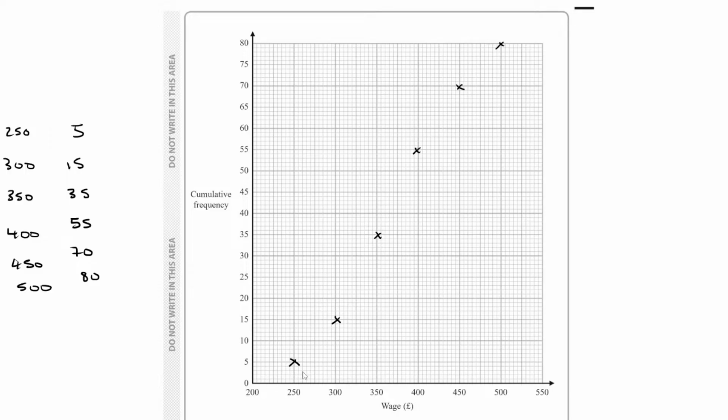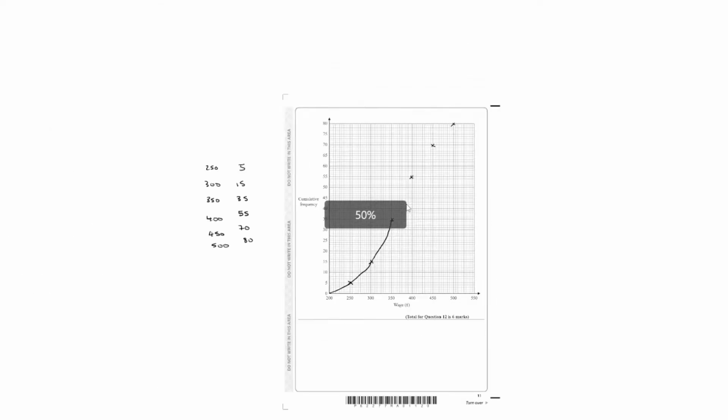Obviously do it in pencil in your actual exam, just in case you need to rub it out, but I'm going to try my best. That's not very accurate at all. Well, it's quite hard to do it digitally. Obviously you should be able to do a better job on your piece of paper than I can. Something like that. Obviously yours will be a bit more stable than mine. Well, that was horrible. What is going on here? Need to zoom out maybe. I don't know why it's so hard to do this digitally, but anyway.